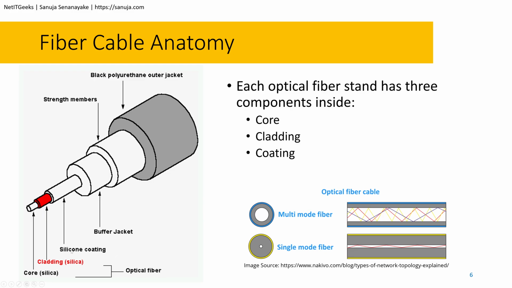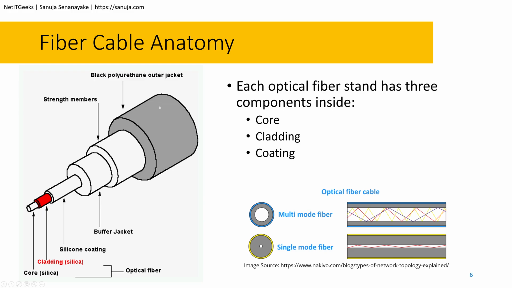Then we have the silicone coating, and then we have the buffer jacket, and then we have the strength members, and finally we have the polystyrene outer jacket. But this polystyrene outer jacket may be made out of different materials depending on where this cable will be used. So if you are using it in a networking closet, some kind of server room, for example, this polystyrene outer jacket may not exist, maybe just the strength member and that's it.